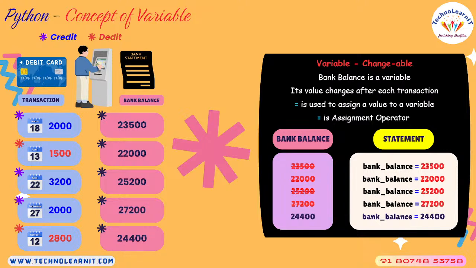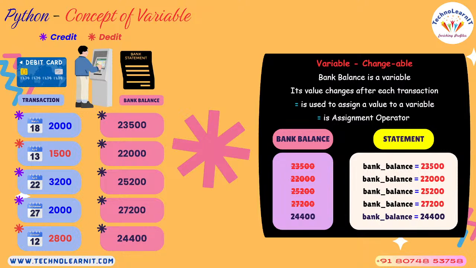At some later time it became 25,200, and at another time it became 27,200, and at a later time it became 24,400. You see, your bank balance keeps changing, right? The entity that tends to change is nothing but a variable. Variable means it tends to change. It can change, right? So here bank balance is treated as a variable.